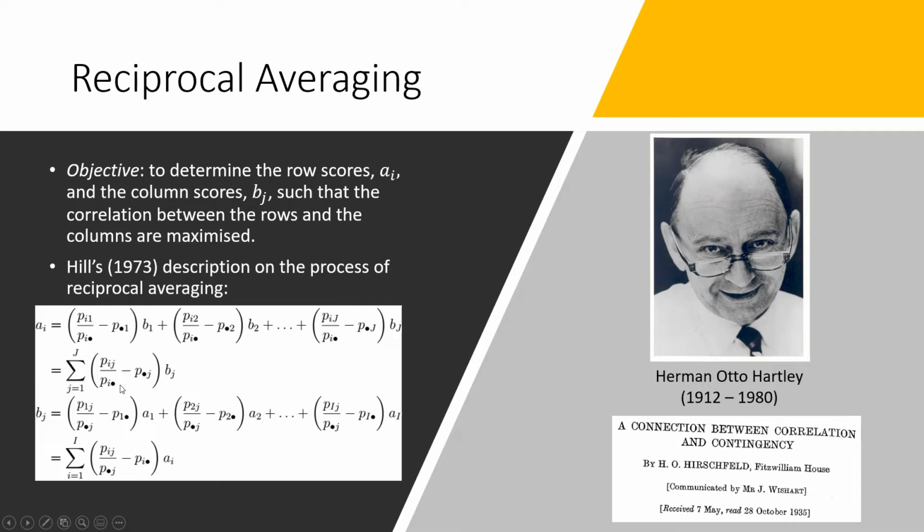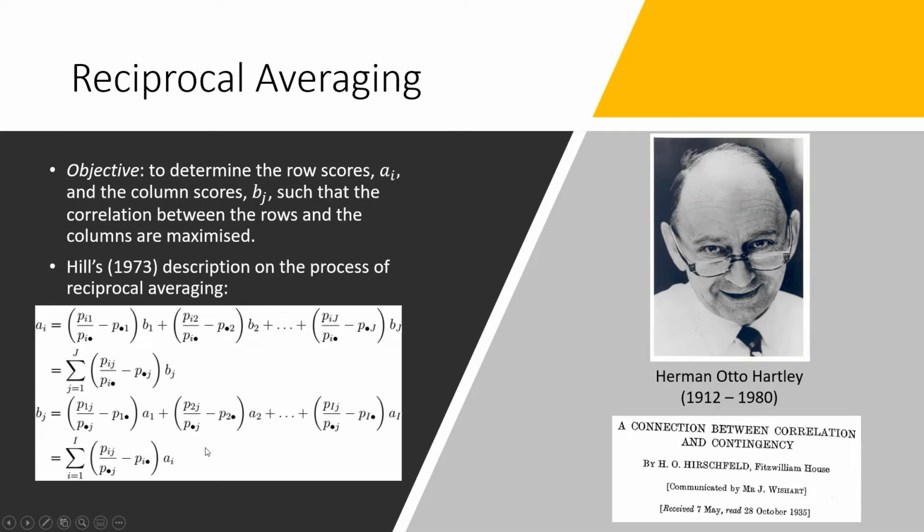Summing them will give us a new set of row scores. They are then used as the weighted average of the centered column profiles, which allows us to update the jth column score for all of the column categories, and then the process repeats.